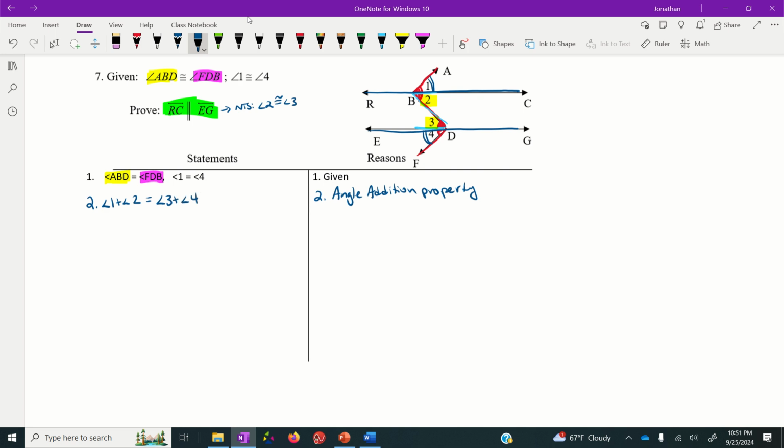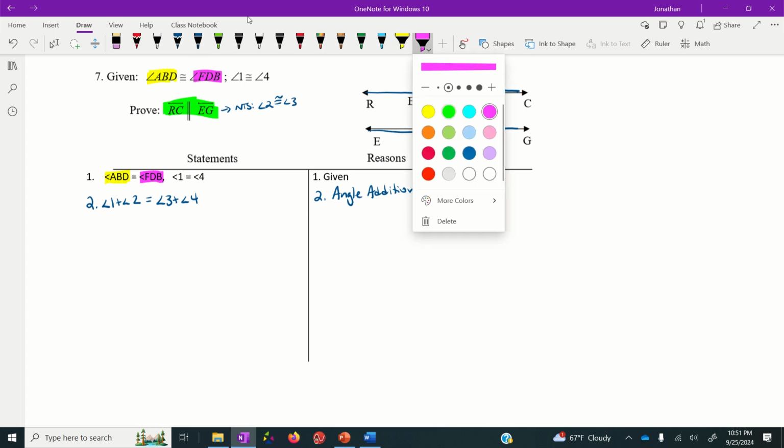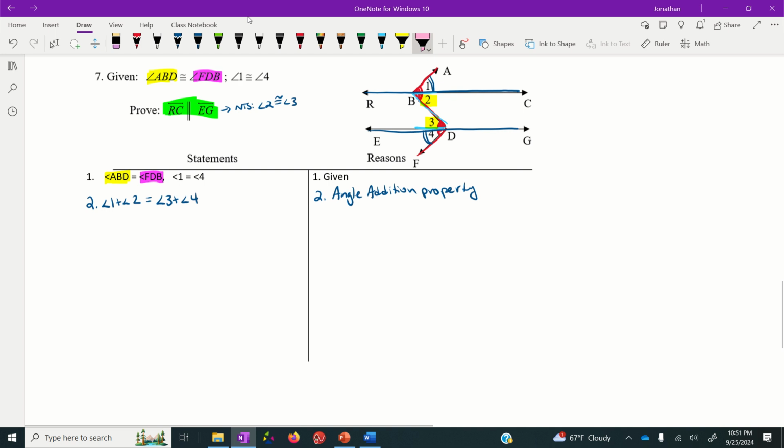You're saying, why do we do that? Remember what we know from the other given: angle 1 and angle 4 are equal. If we're trying to show that angle 2 and angle 3 are equal, and we have an equation here, behind the scenes we can subtract angle 1 or angle 4 from both sides, and because they're equal, they drop out of our equation.